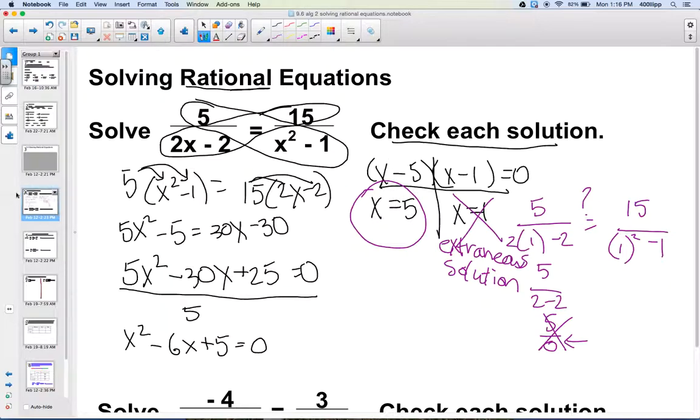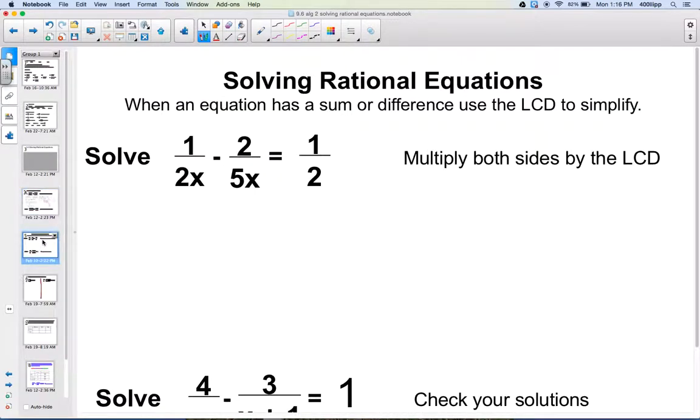Okay, moving on, we are going to look at when we have more than 2 fractions here. So here we have a fraction minus another fraction equals a fraction. Normally we're used to combining and getting a common denominator here. What we're going to do now is make it a lot easier, and we're going to multiply both sides by the LCD, or the least common denominator.